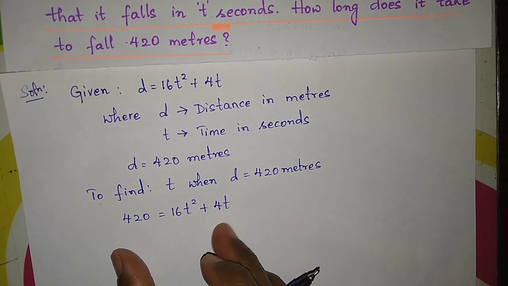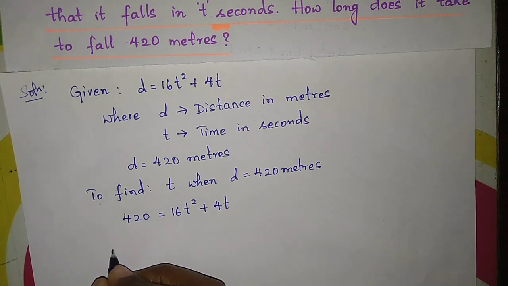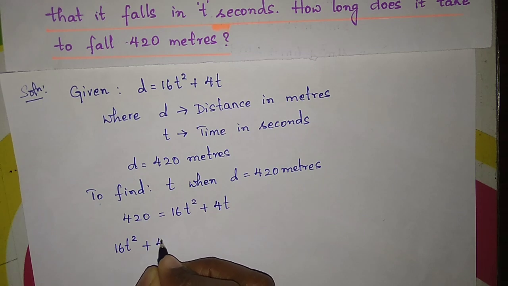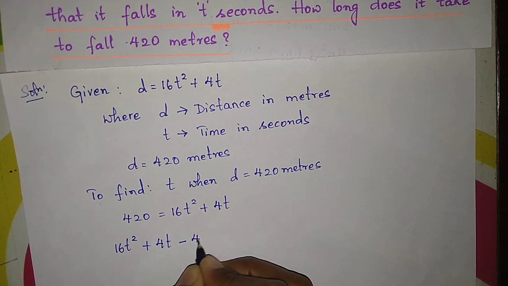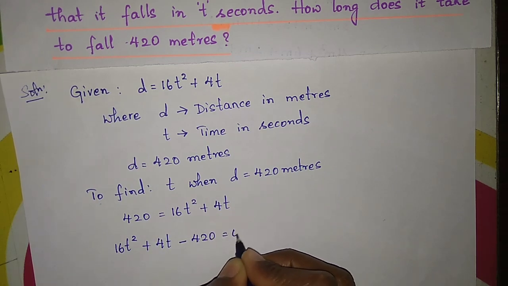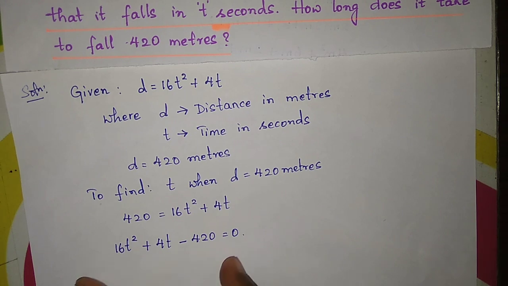Now let us rearrange this equation. We will get 16t square plus 4t minus 420 is equal to 0. Now we will reduce this equation so as to get the solution easily. 16 is divisible by 4, 4 is divisible by 4 and 420 is divisible by 4.